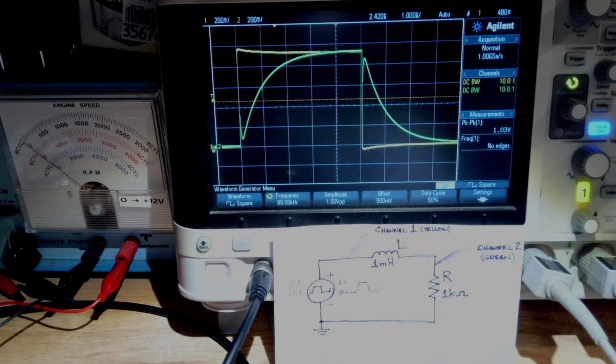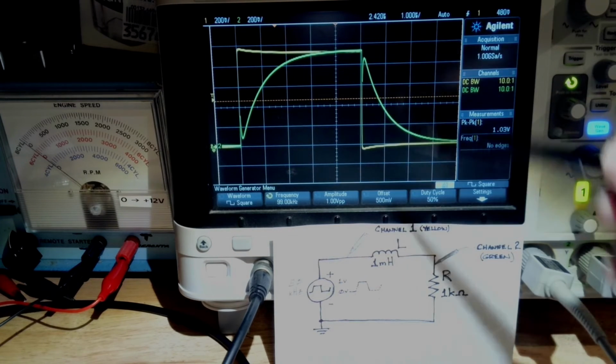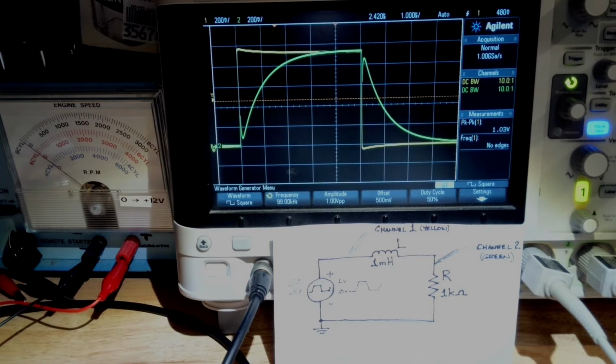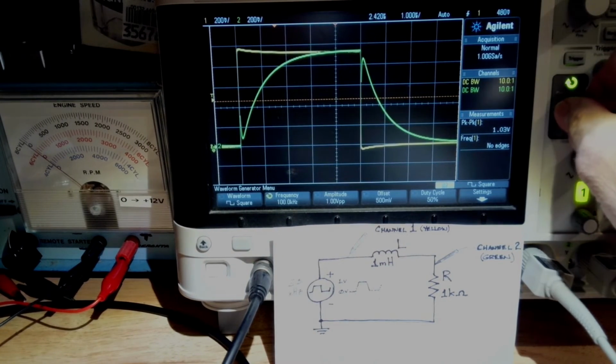A 1,000th of a 1,000th is a millionth, and so the time constant is 1 microsecond. And it's just a rule of thumb that a lot of people will say you get ridiculously close in 5 time constants.